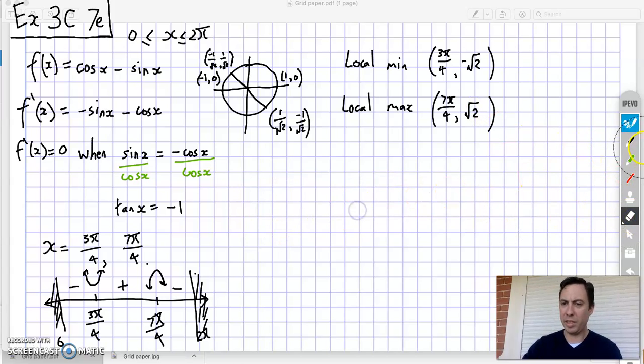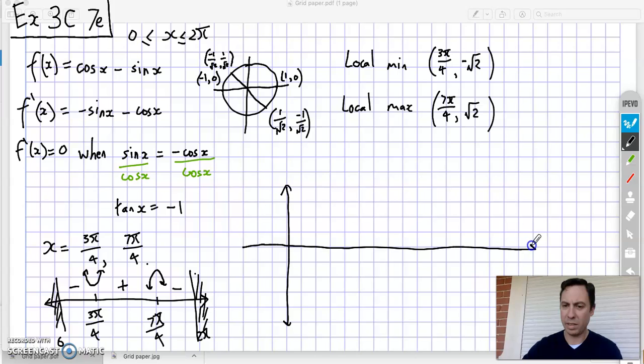Now to do a sketch, there's one more thing that would be nice, and that's a y-intercept. We're sketching between 0 and 2 pi, right? So drawing straight lines can be a bit tricky. Let's say that's 2 pi there.